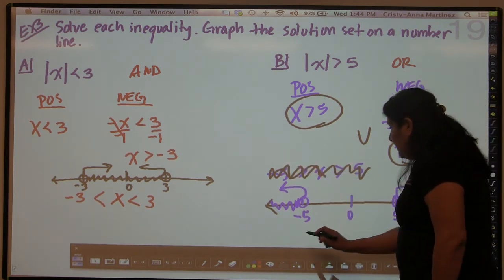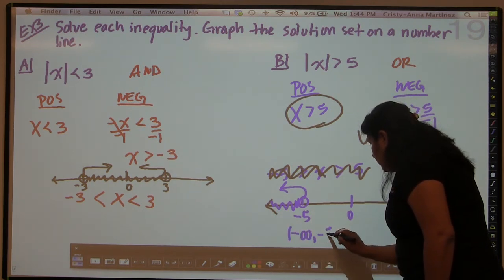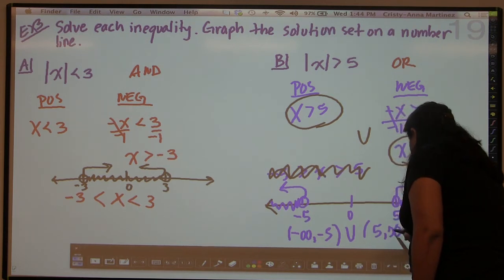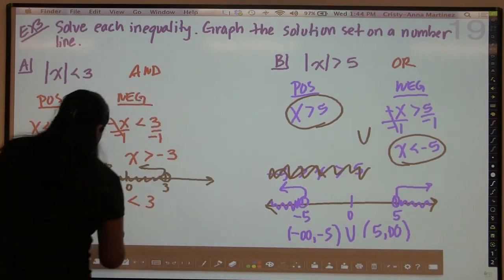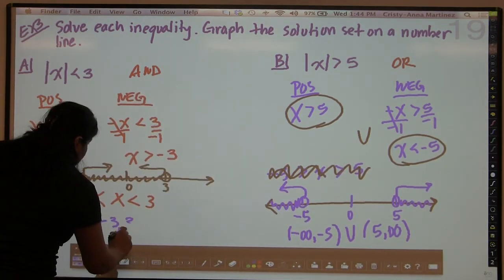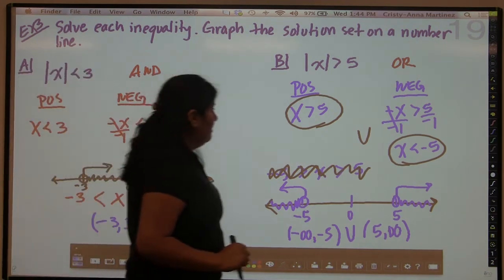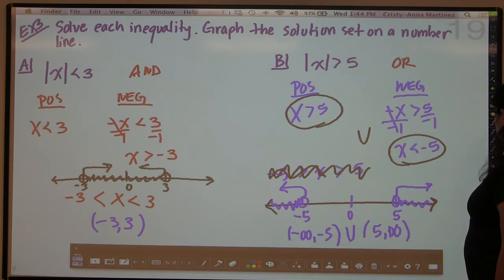And if you want to put that in interval notation, it'd be -infinity to -5, unioned with 5 to +infinity. And by the way, over here, what we have is from -3 to +3 in that case. So that is how you do absolute value inequalities anyway.